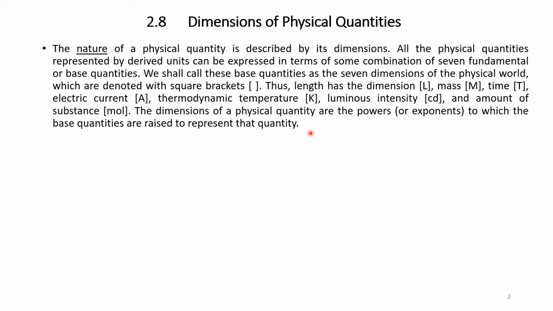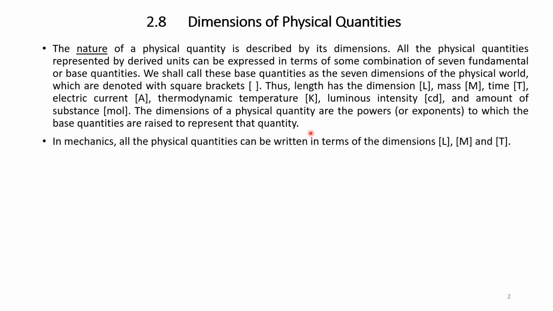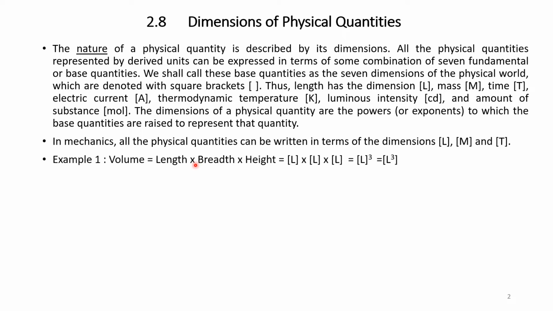For example, in mechanics, all physical quantities can be written in terms of dimensions L, M and T. That is, out of seven dimensions, we use only three dimensions, that is length, mass and time in mechanics. Example number 1.